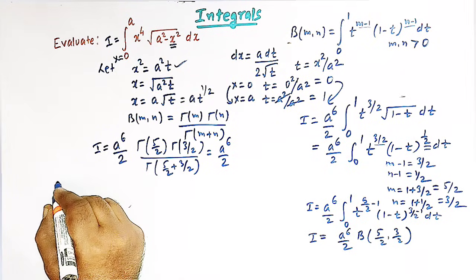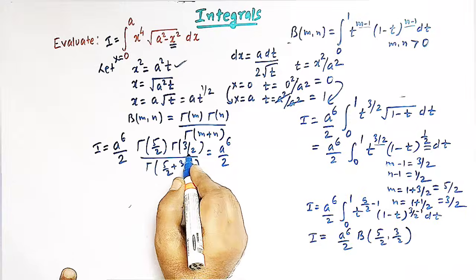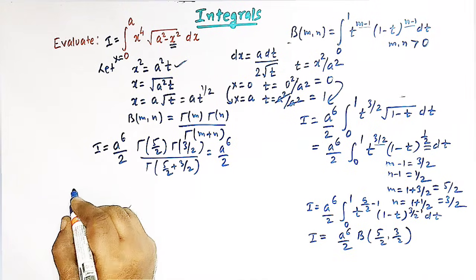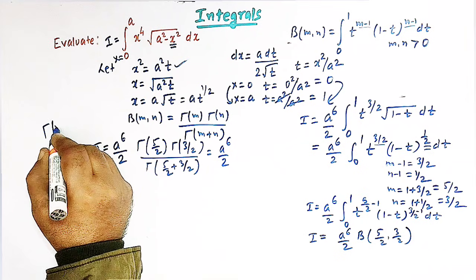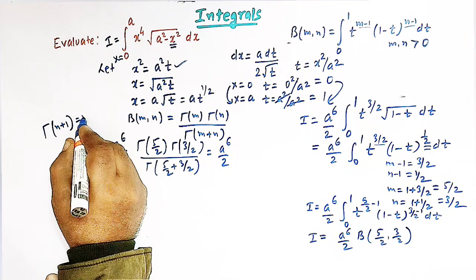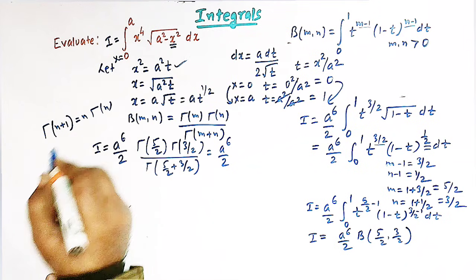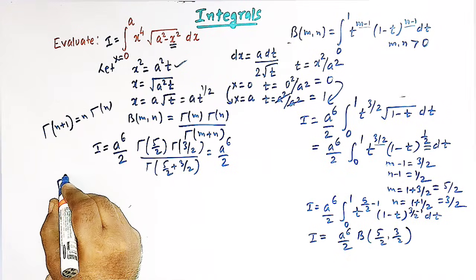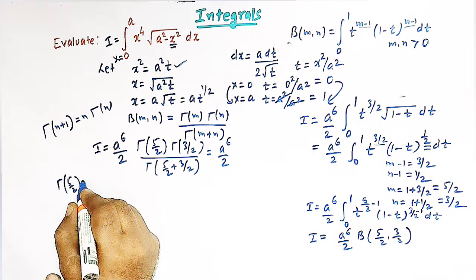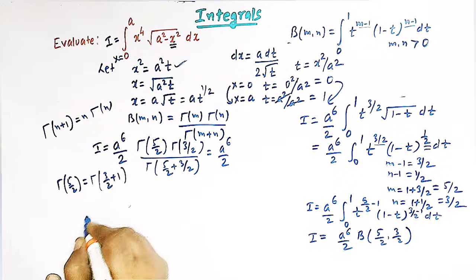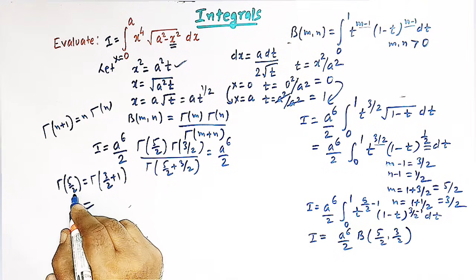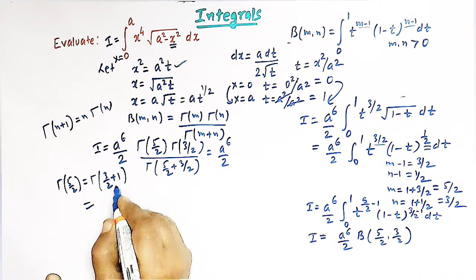Now see, gamma 5 over 2 and gamma 3 over 2 can be calculated by using this relationship, that is gamma n plus 1 is equal to n times gamma n. So gamma 5 over 2 is equal to gamma of 3 over 2 plus 1. We can split 5 over 2 as 3 over 2 plus 1.